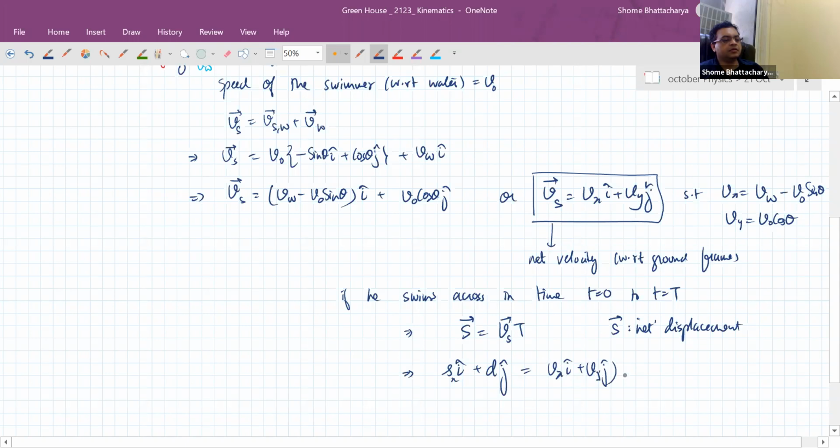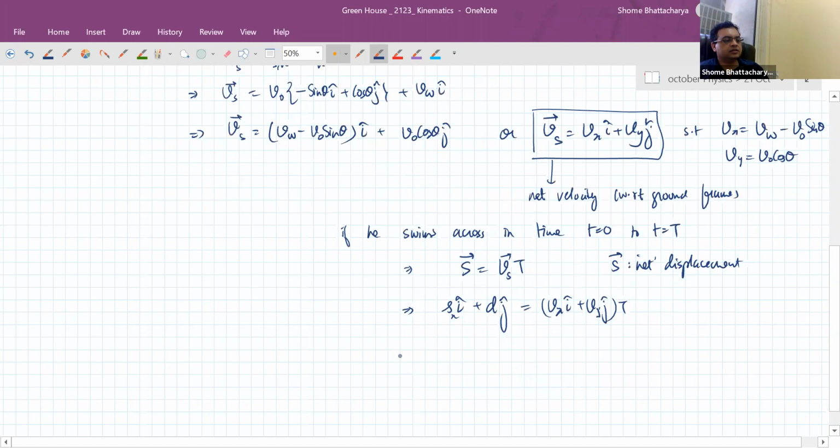Now this equation, when we look at it, has two implications. The x component on the left-hand side should be equal to the x component on the right-hand side, that is Vx t i cap, if we take the time inside the bracket. So we have the relation that the displacement's x component should be the velocity's x component into time.